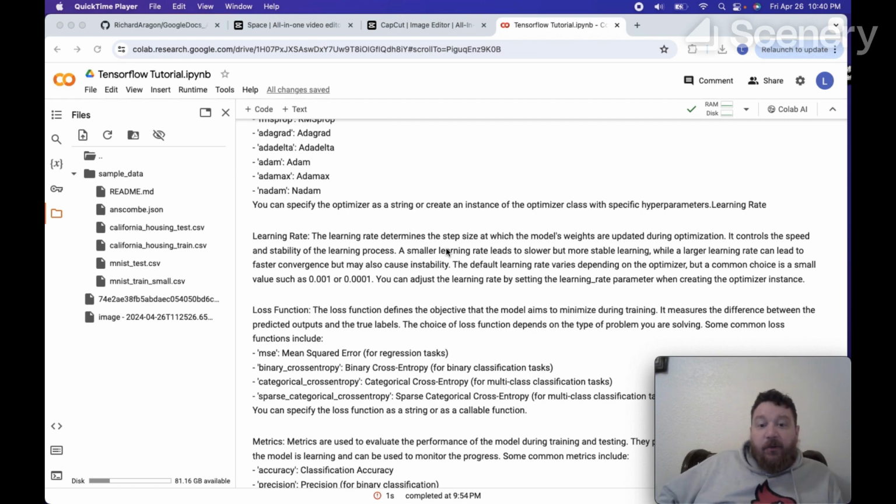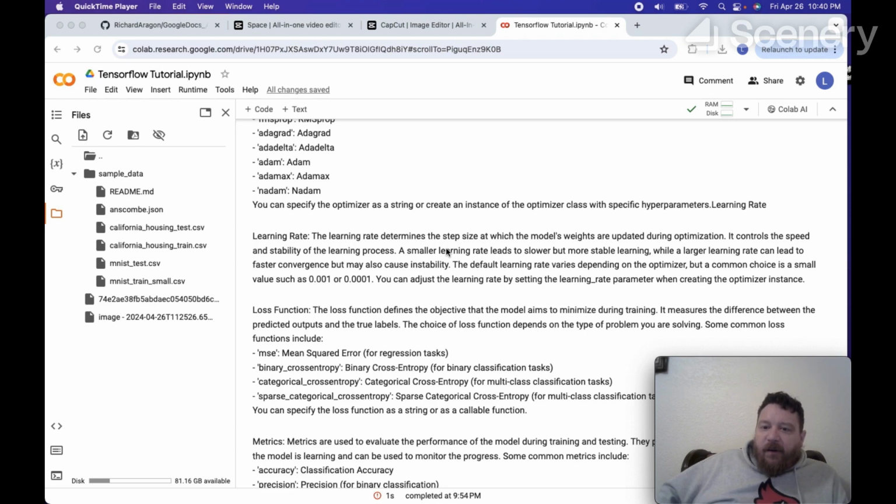Beyond the optimizer, you have learning rate. The learning rate determines the step size at which the model's weights are updated during the optimization process. Optimization, think of it as the training process. So it controls the speed and the stability of the learning process, how fast the model learns. A smaller learning rate leads to slower but more stable learning, while a larger learning rate can lead to faster convergence but may also cause instability.